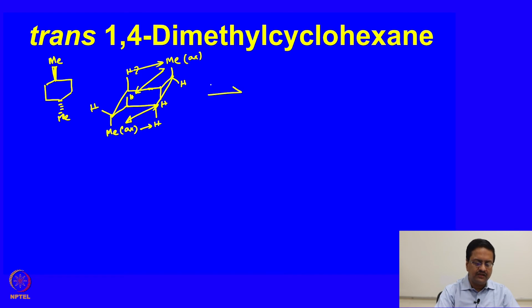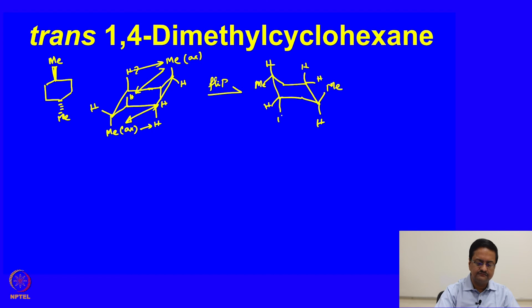If we now flip the molecule, we would have this methyl group in the equatorial position, and that methyl group once again comes to the equatorial position, and that way we avoid the 1,3 diaxial interactions.